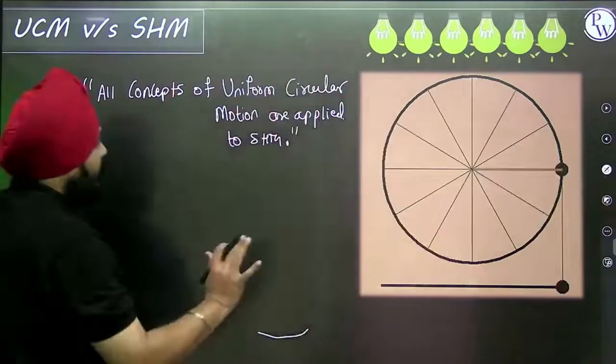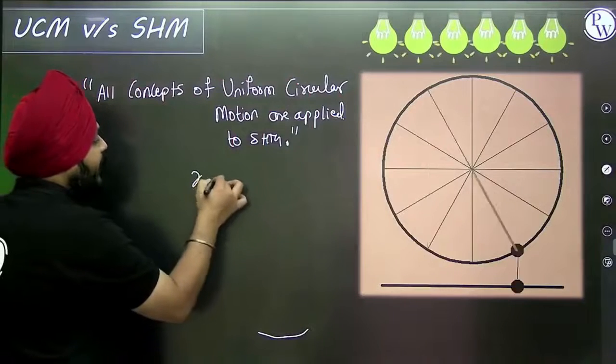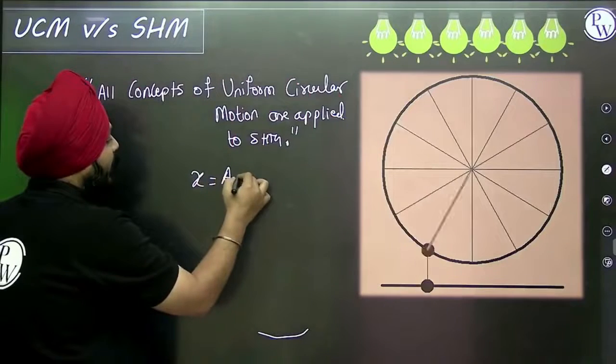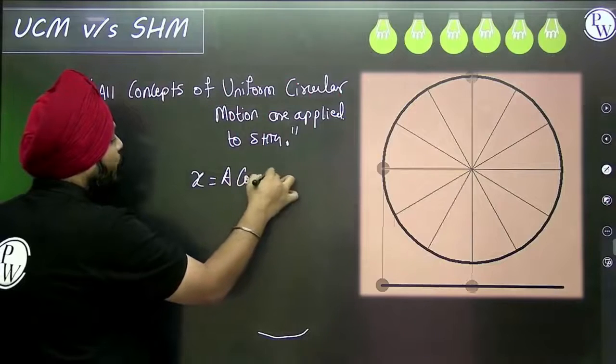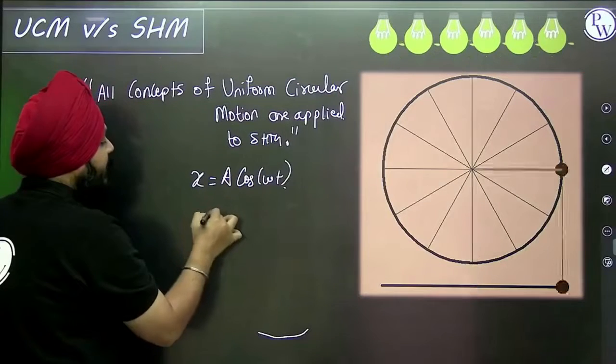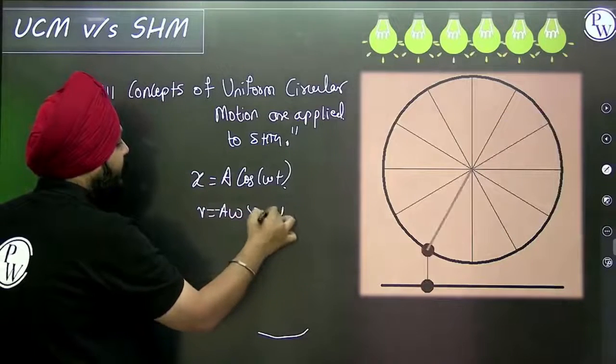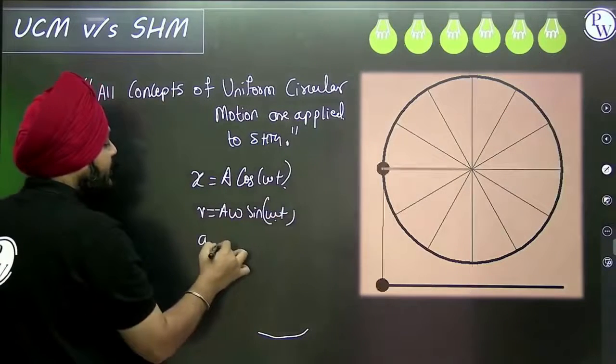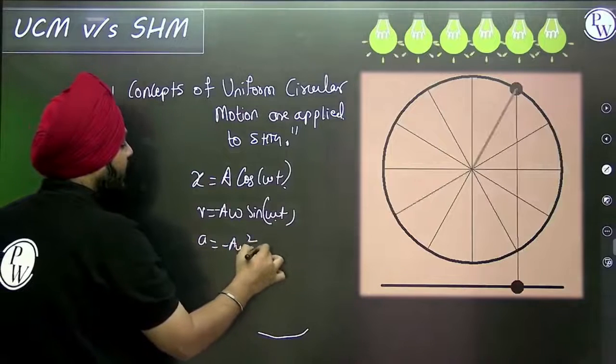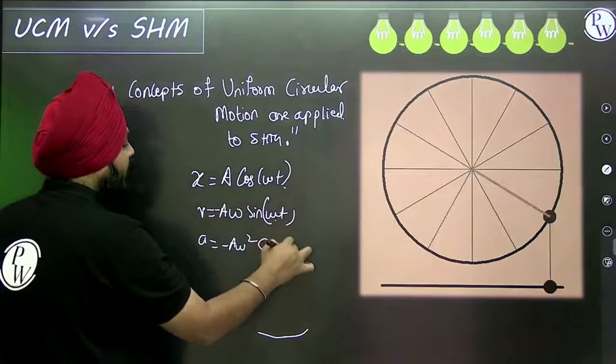Okay, now see the equation. The displacement equation of the SHM is x is equal to a cos of omega t, right? The velocity equation is negative a omega sine of omega t. Acceleration is equal to negative a omega square cos of omega t.